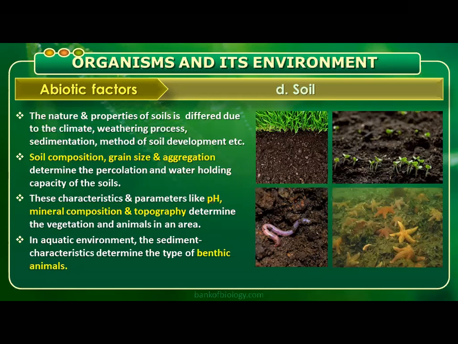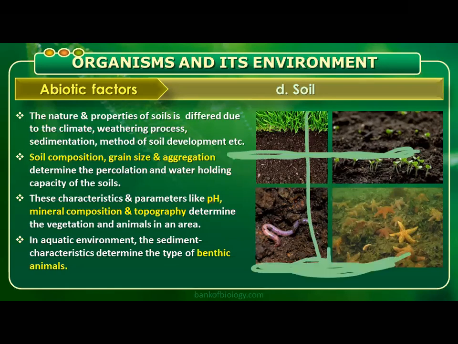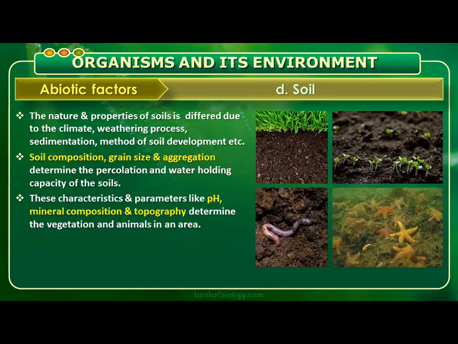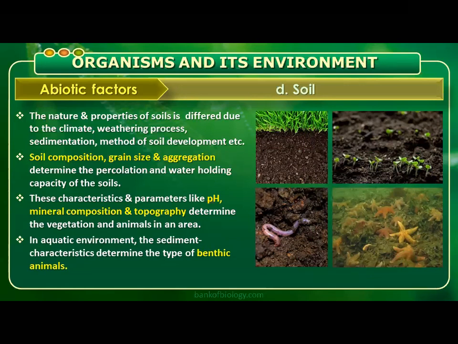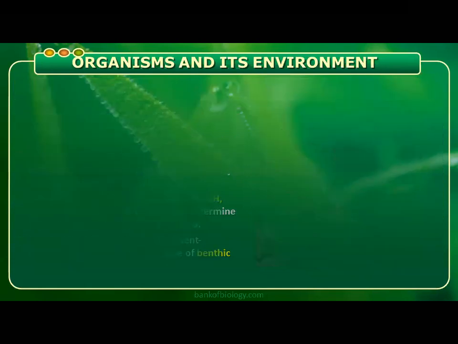That means when you talk about soil in an aquatic habitat, the bottom of the sea has this soil composition. In an aquatic environment, the sediment characteristics determine the type of benthic animals.